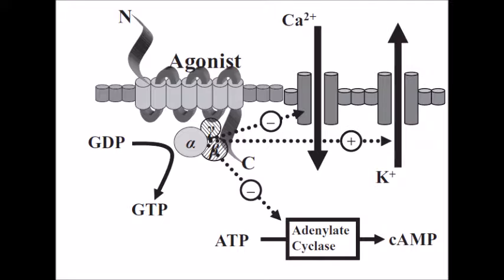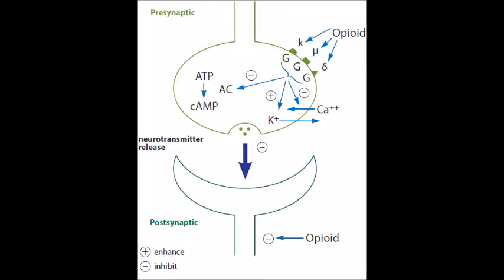This then results in the inhibition of adenyl cyclase, which reduces the amount of cellular cyclic adenosine monophosphate, or cAMP, which is involved in pain modulation as a messenger molecule. The complexes also activate potassium conductance and inhibit calcium conductance. All these changes to the neural cells result in reduced neurotransmitter release.